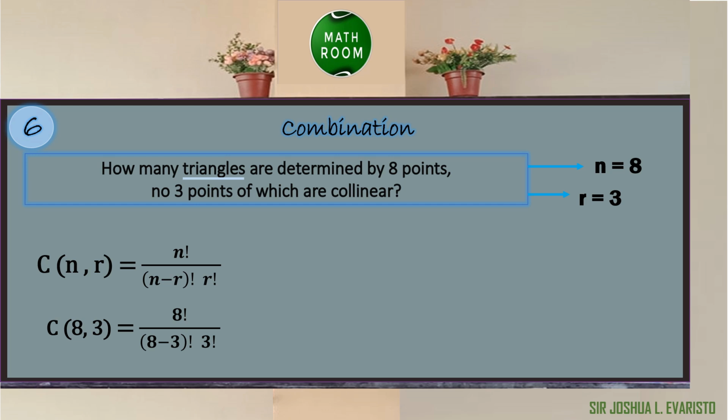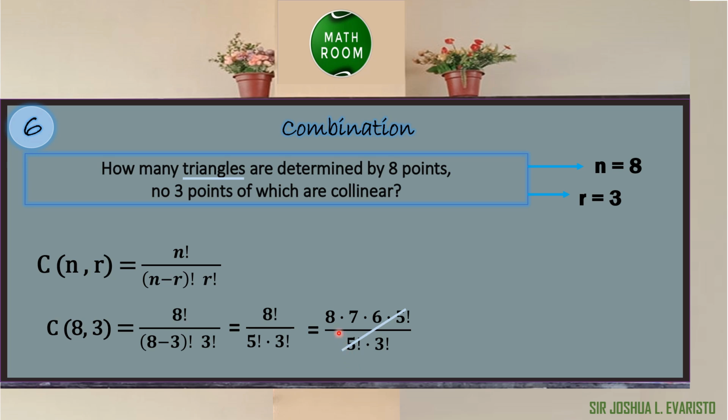Evaluate 8 minus 3 is equal to 5, so we have 8 factorial over 5 factorial times 3 factorial. 8 factorial can be written in the form of 8 times 7 times 6 times 5 factorial, so that we can cancel 5 factorial on numerator and denominator.